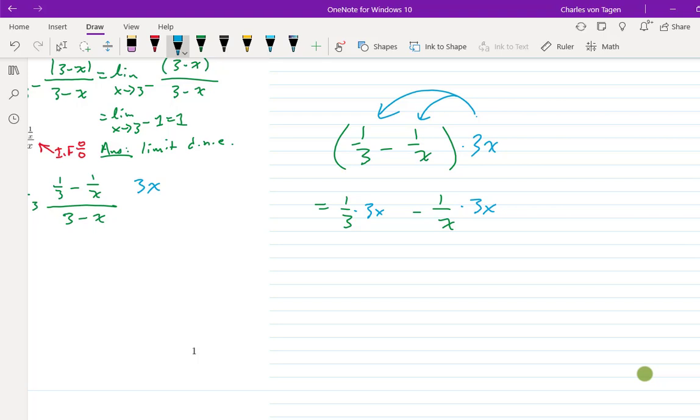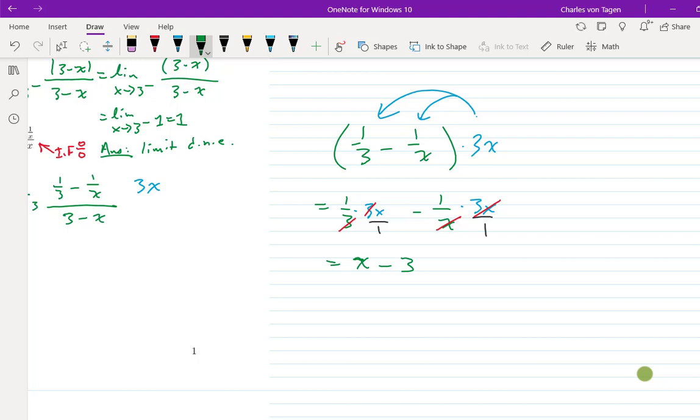So notice that if you wanted to, you could think of this as being over 1 and over 1. If you really don't see it right away, you could do that. I don't like doing that. But now at this point, the factors of 3 cancel here, and the factors of x cancel here, and so I'm just left with x minus 3.